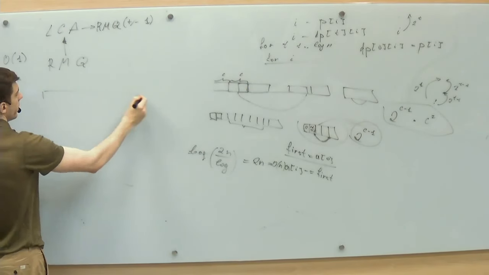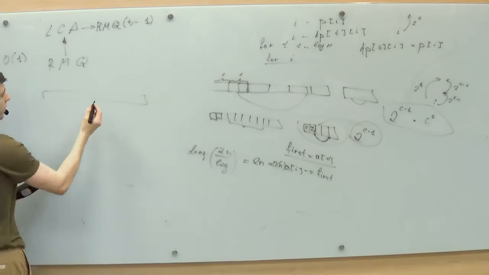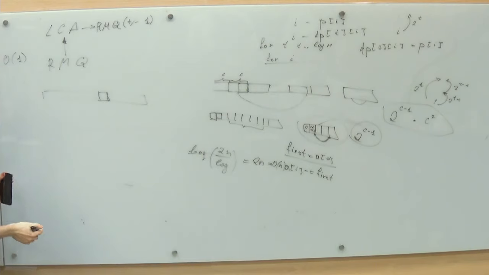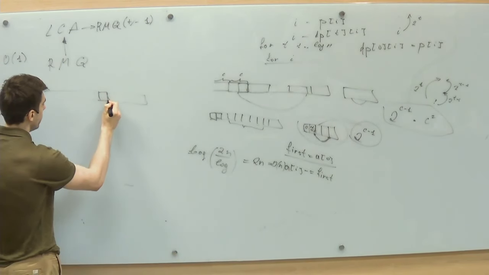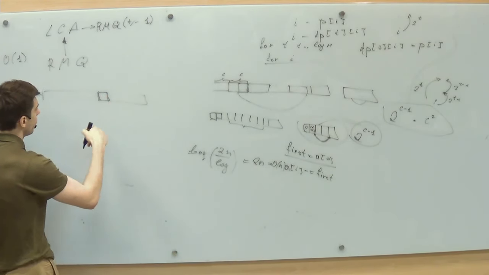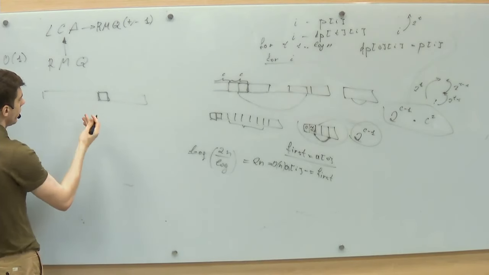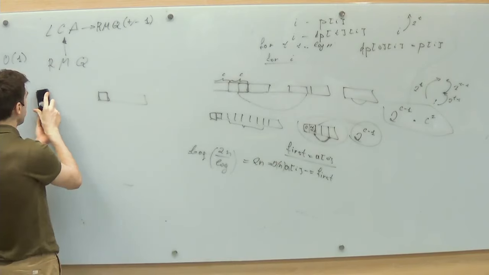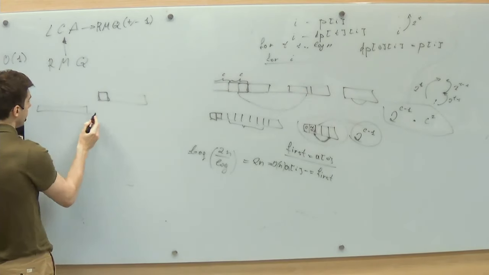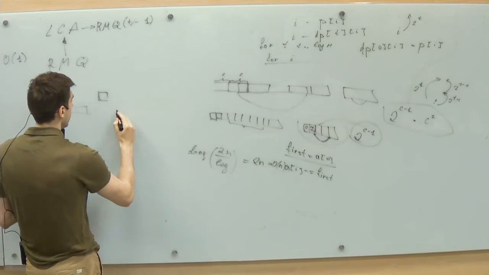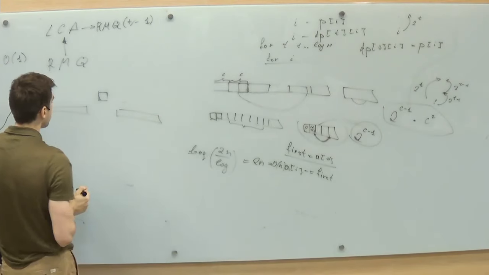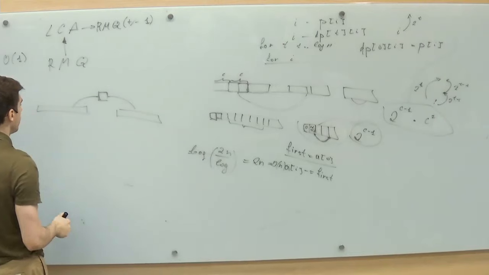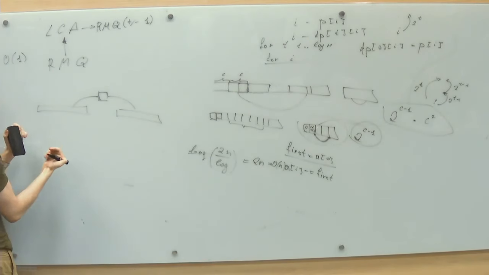For example, if we have an array and we know the global minimum, for example, it is here. We just pick this element as the root of some tree, and we put all the elements from the left somewhere here, all elements from the right somewhere here, and recursively apply this search to build the whole tree.